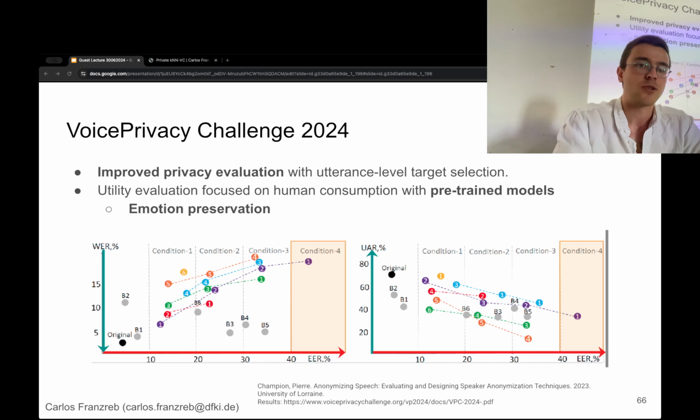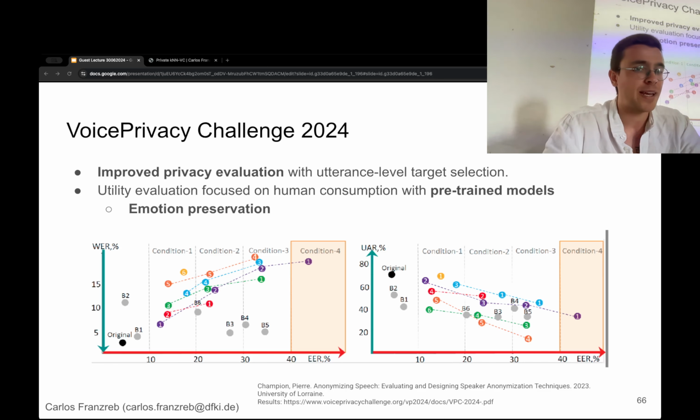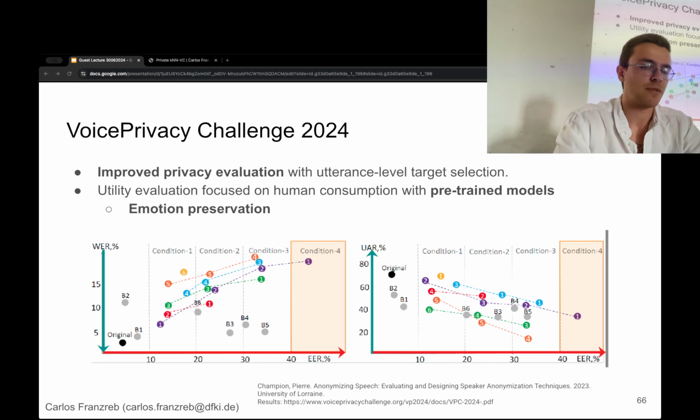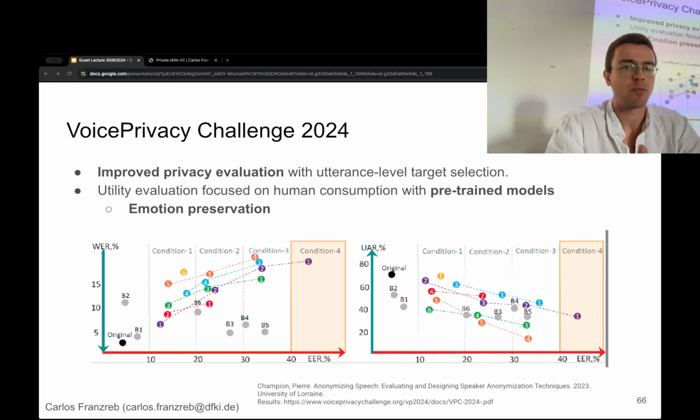Yeah. So the privacy evaluation for the latest voice privacy challenge also includes emotion preservation. So you have here on the left side the trade-off between privacy and intelligibility, and on the right side the trade-off between privacy and emotion preservation.